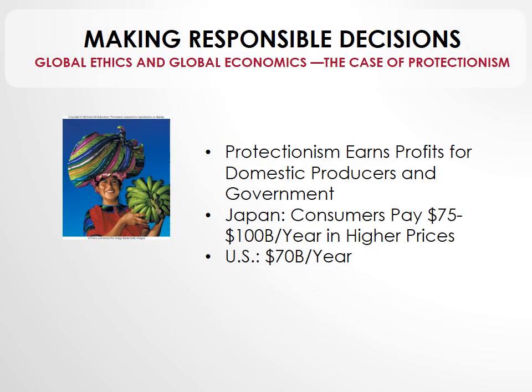Protectionism helps local domestic producers and companies, but that comes at a cost, and the cost tends to be higher prices for the individuals in that company. So if I'm going to put a tariff on everything that is imported into my country, at the end of the day, that will result in higher prices.